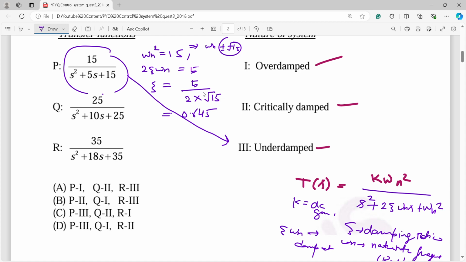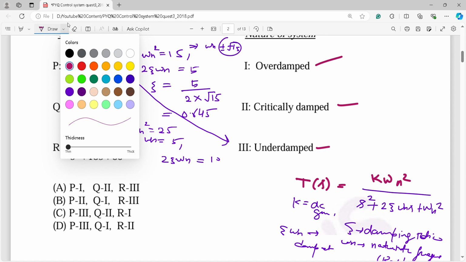Now the second option, 25 by s square plus 10s plus 25. Here omega n square is equal to 25, so omega n is equal to 5, and 2 zeta omega n is equal to 10.